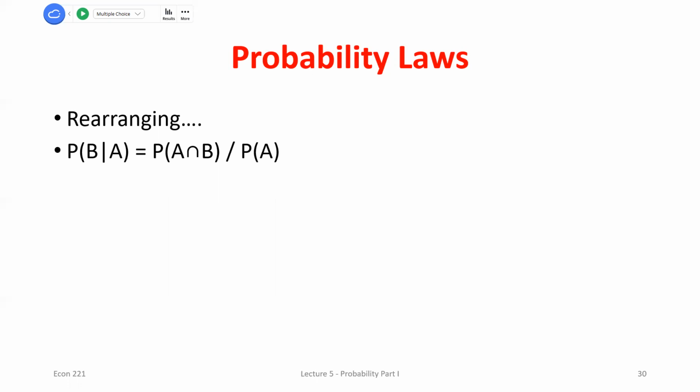So if I've got, what do I want first? A is the probability of B given A times the probability of A. Right? I could just rearrange this where I divide both sides by the probability of A. This cancels.